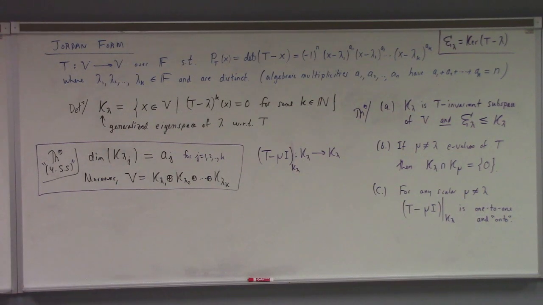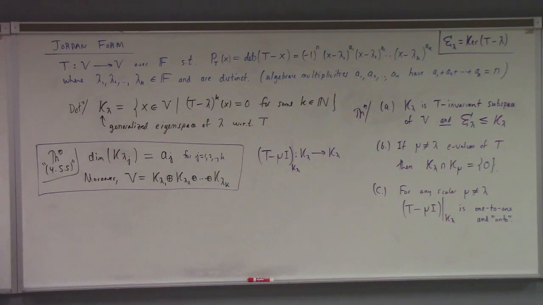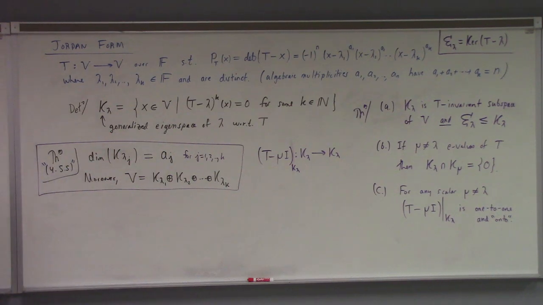Maybe we can't find enough eigenvectors, but supposedly we can find enough generalized eigenvectors to form a basis that puts T into a particular form, and that particular form is called the Jordan form.